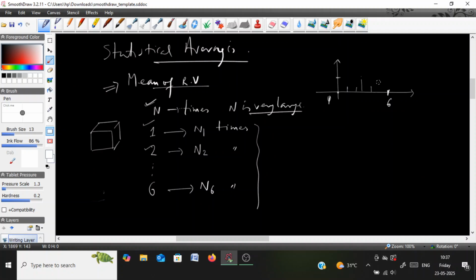Definitely they will have different probabilities in this case, because the number of times each number appears as the outcome is not the same. Okay, so if you find the mean of this, x bar, or we also write it as E of x, the expected value or the average value, this is called the expected value of the random variable.